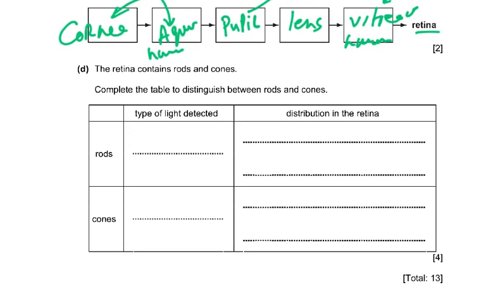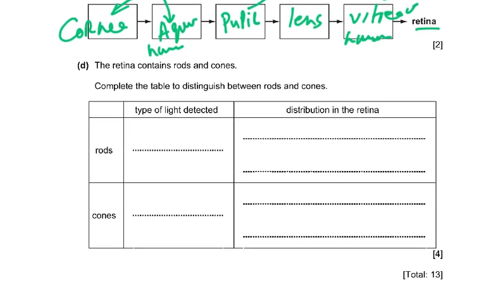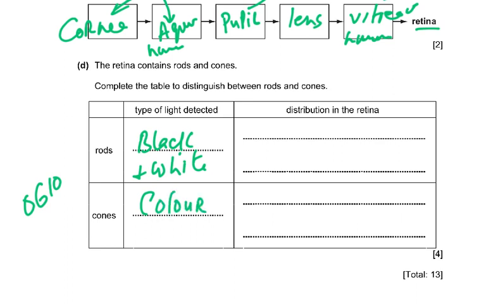The retina contains rods and cones. Complete the table to distinguish between rods and cones. This again is 0610. Type of light detected: rods will detect shades of gray, or you can say black and white, while cones detect color: red, green, blue.